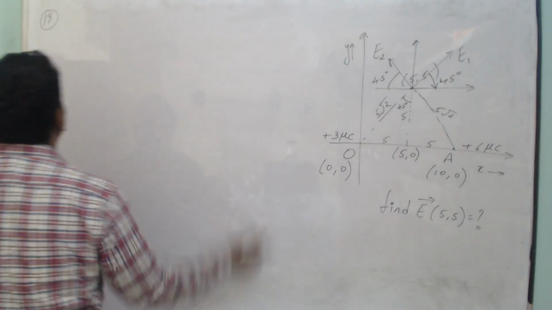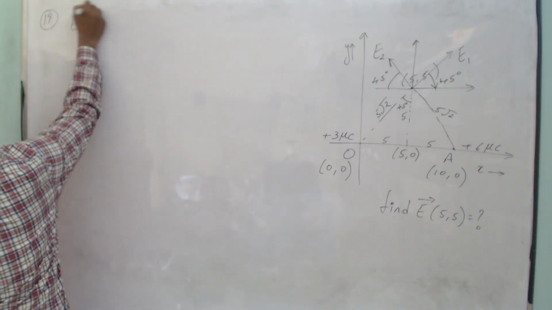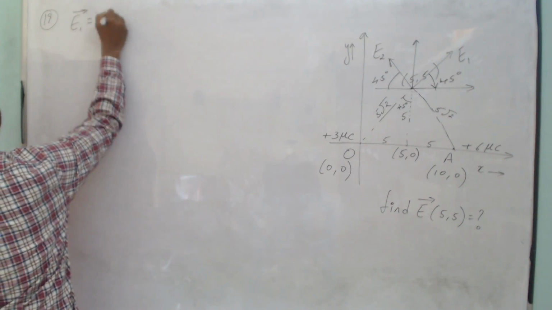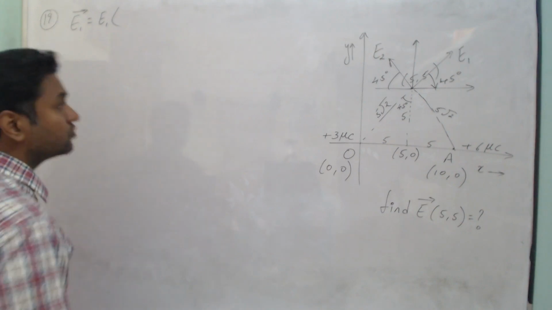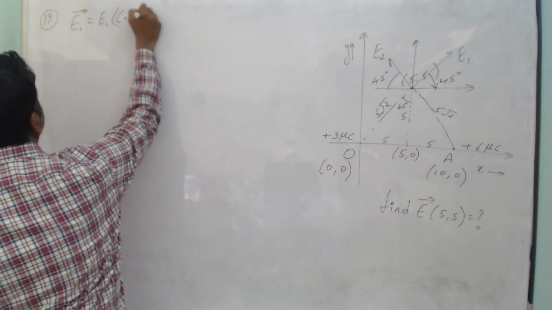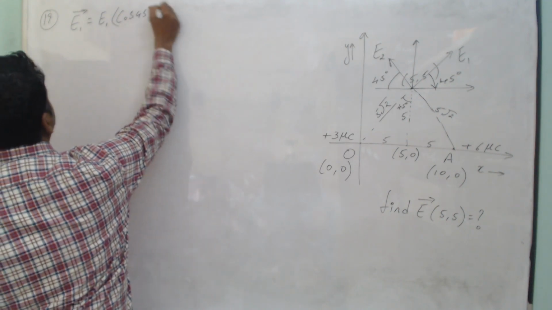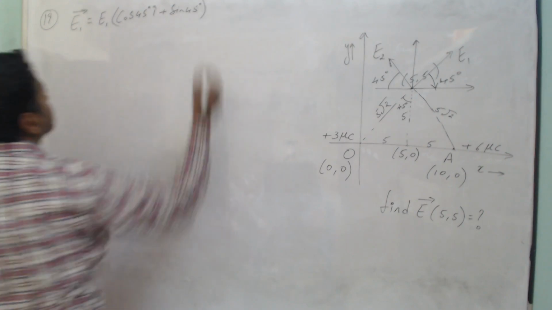So what I am trying to do there is basically the vector form E1 bar is magnitude E1 into the unit vector in that direction, which is cos 45 I cap plus sine 45 j cap. Correct?